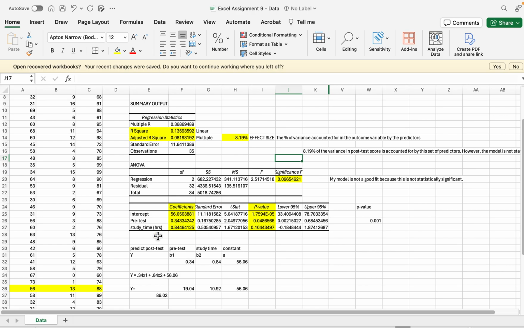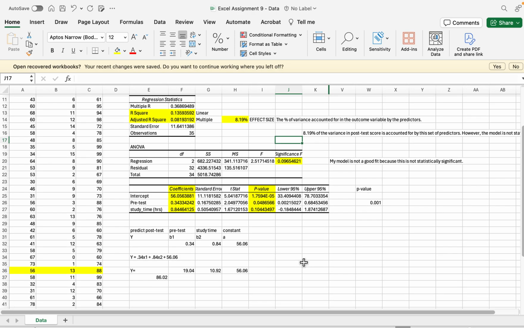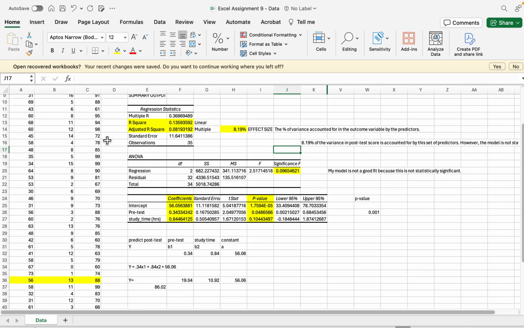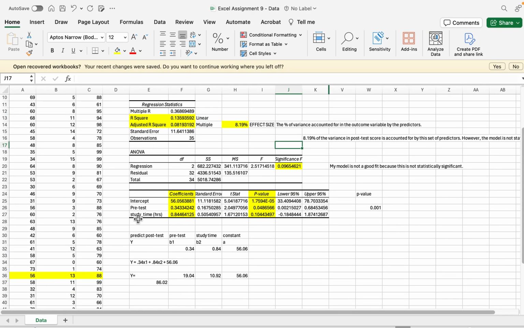So these are unstandardized, can be used to write your regression equation, but they can't be compared. So I can't say, if these were all statistically significant, that study time made a larger impact on post-test compared to pre-test because these are not comparable numbers. These are just specifically the unstandardized betas.